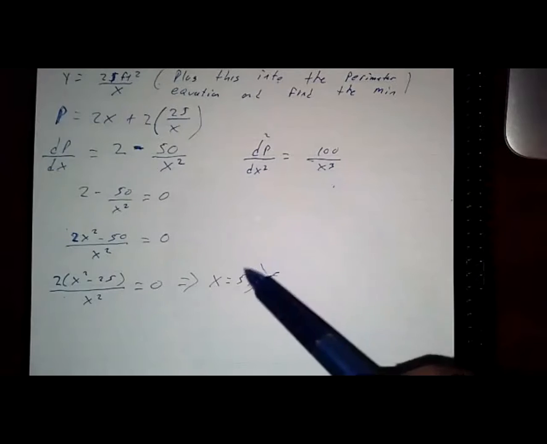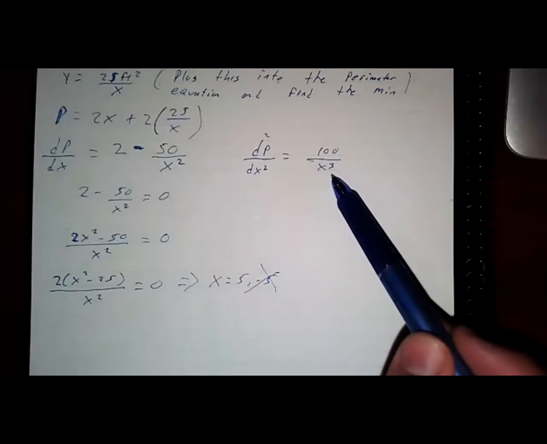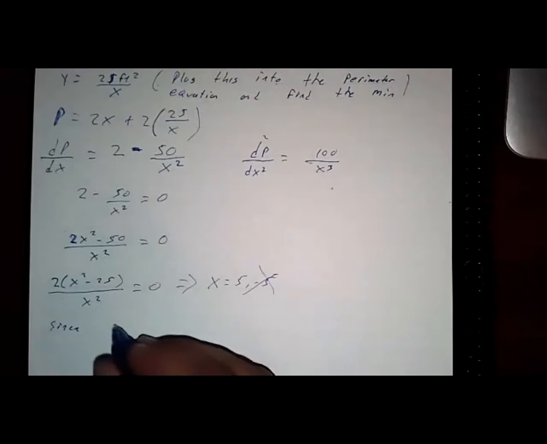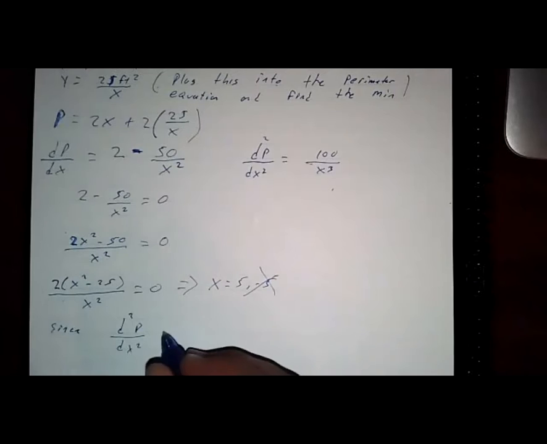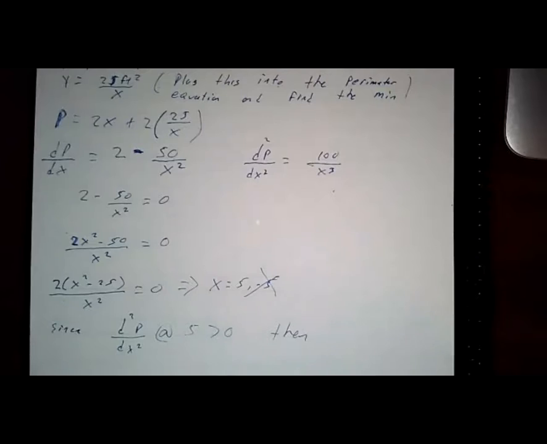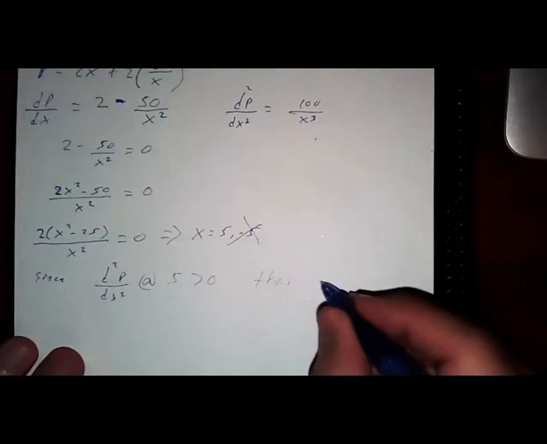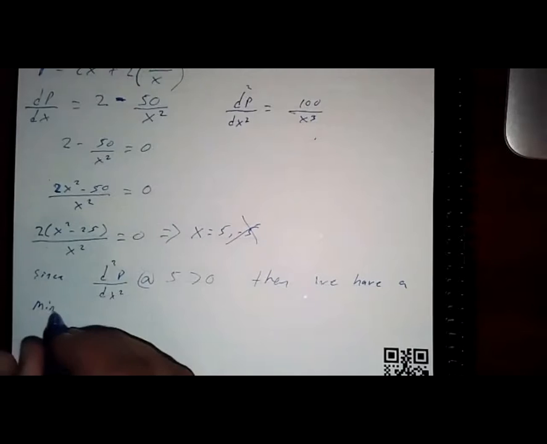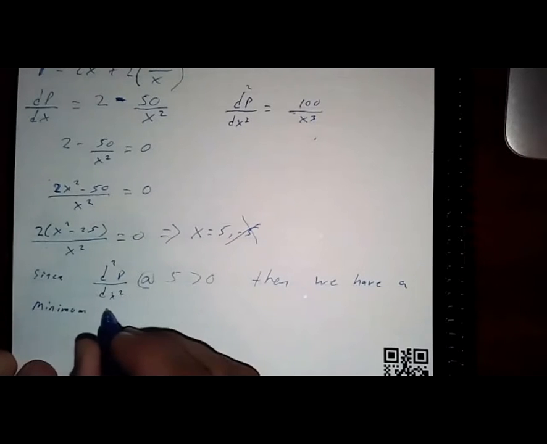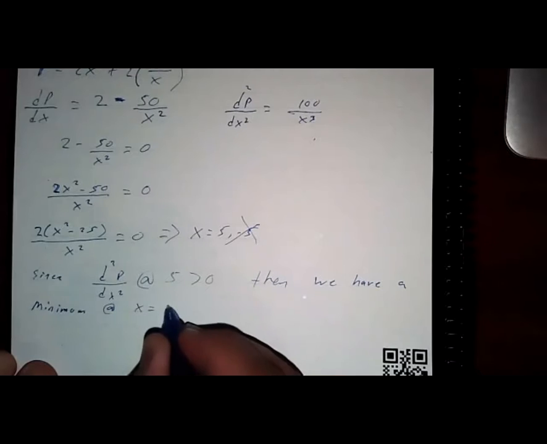Yes. Right, so meaning if I were to plug in 5, it would show me that it's concave up, which is a minimum. Right, so since the second derivative at 5 is greater than 0, then we have a minimum at x equal to 5.